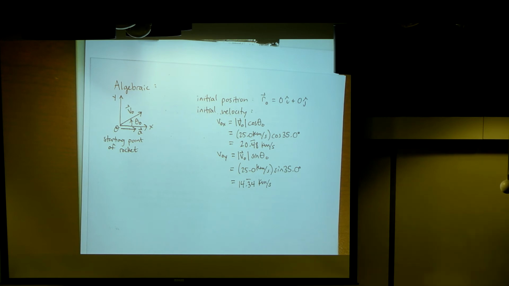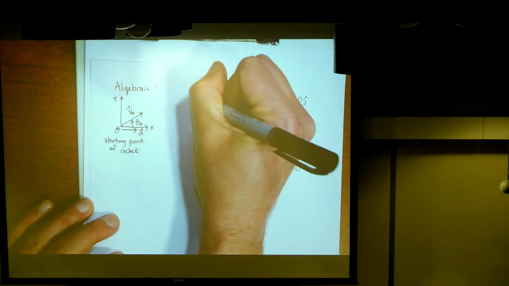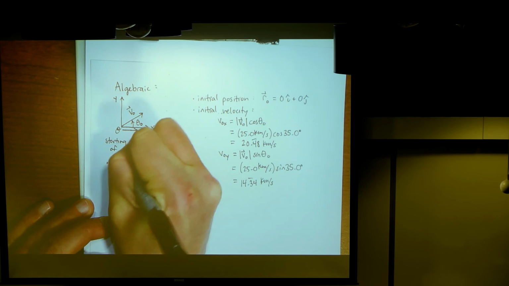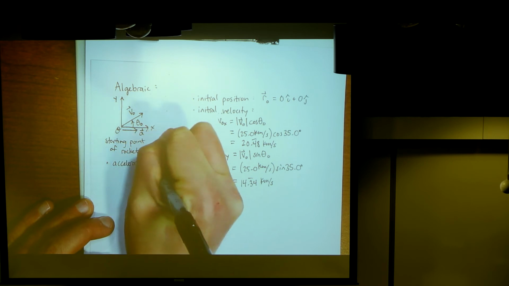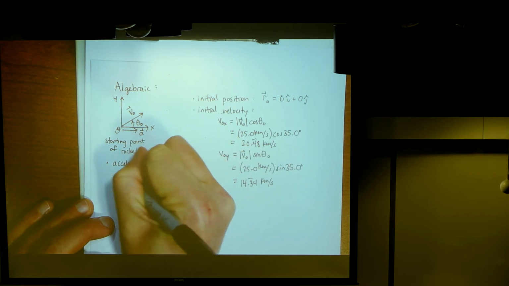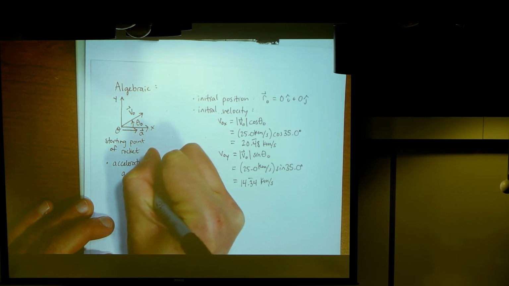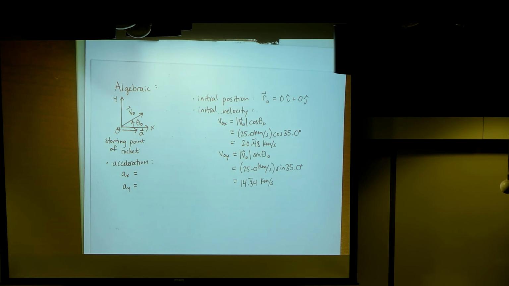So the last thing, because this is another ingredient in our equations, let's do acceleration. This one's pretty simple actually, because I have an x component for my acceleration and a y component, but which one of these is going to be 0?